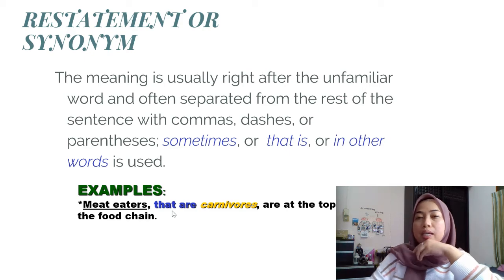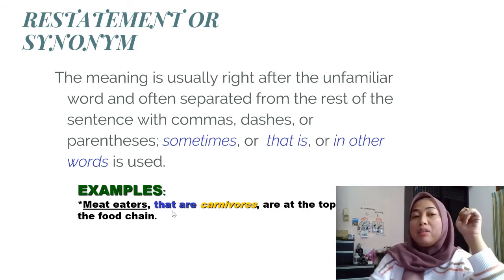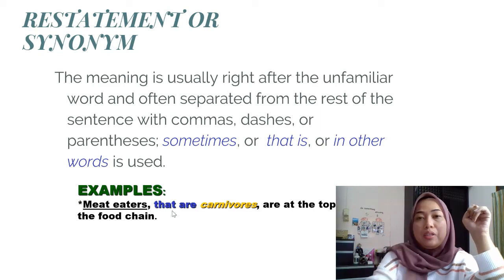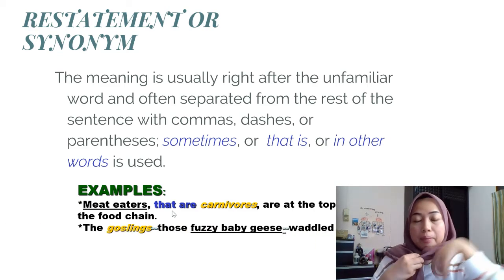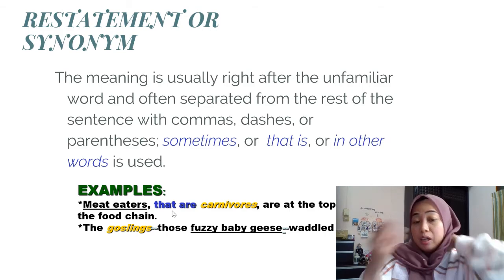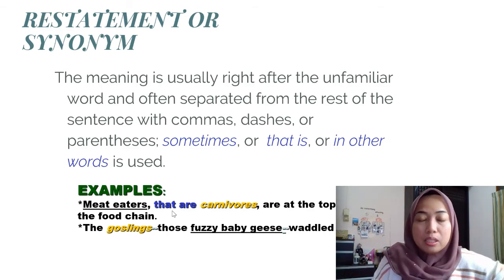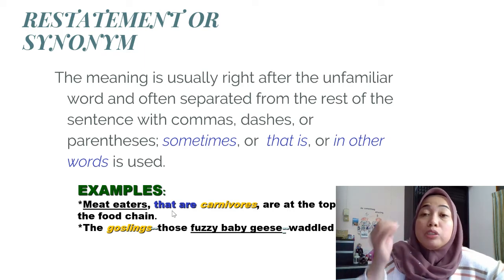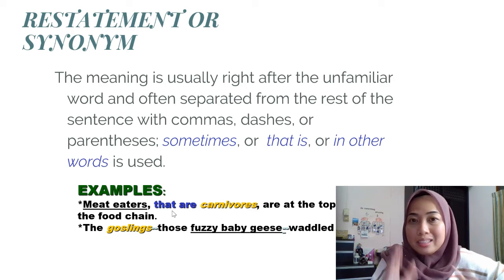Sometimes when you're writing and you have some unfamiliar words and you want to make sure that people understand what you mean by certain words, you can also give them some restatement or synonyms in the sentence itself. Or another example over here, we have the goslings. So maybe you don't know the meaning of the goslings. So you give people the meanings of goslings in the same sentence itself.